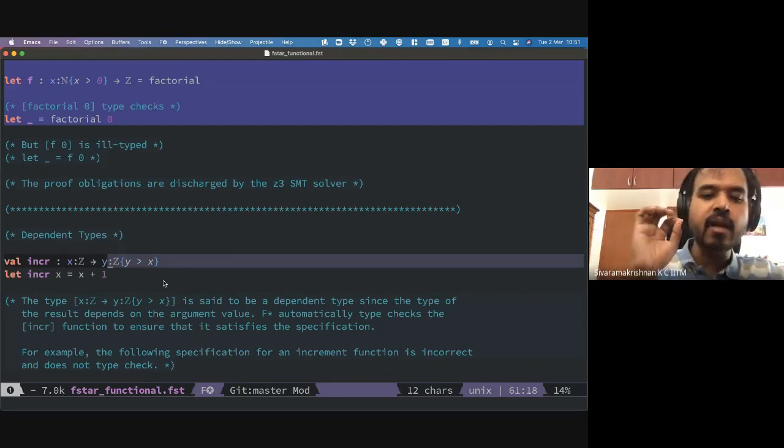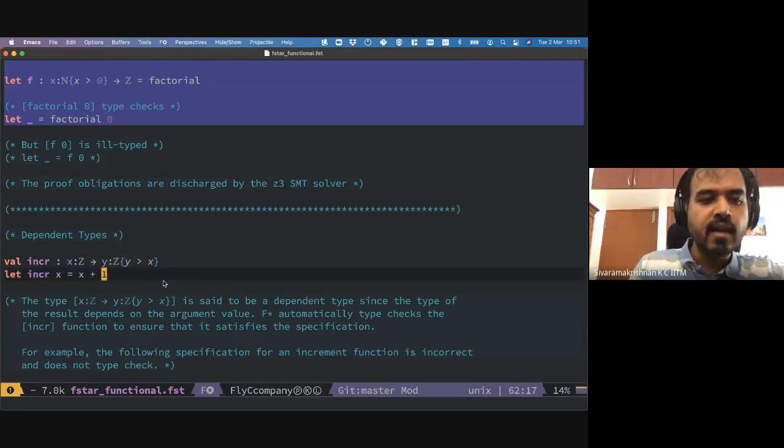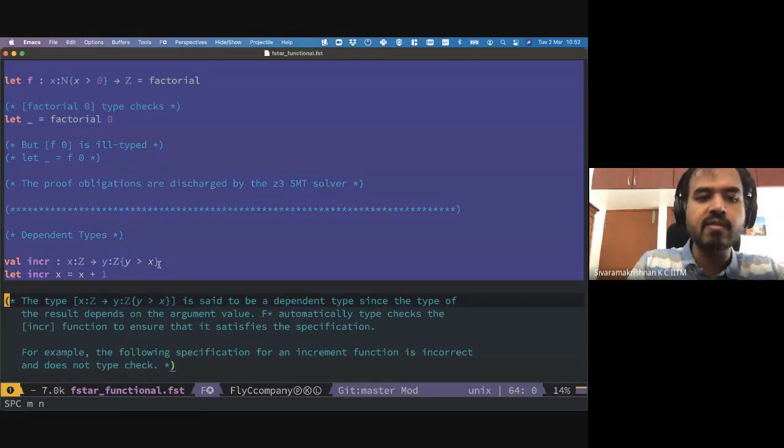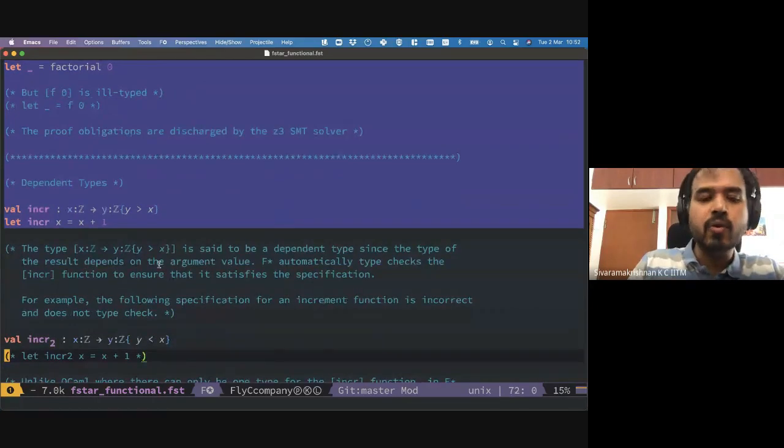The second thing that I want to say is that this is just one specification that you can give for this particular function. Of course, it is true that the output y is greater than x, right? But there are many specifications that you can give. So let's first convince ourselves that this is true. If you give a wrong type, this won't go through.